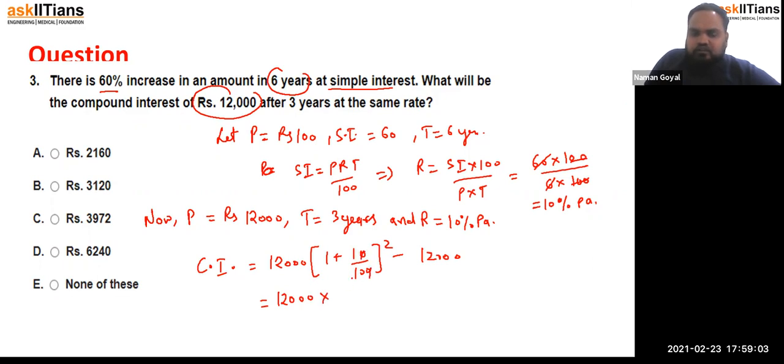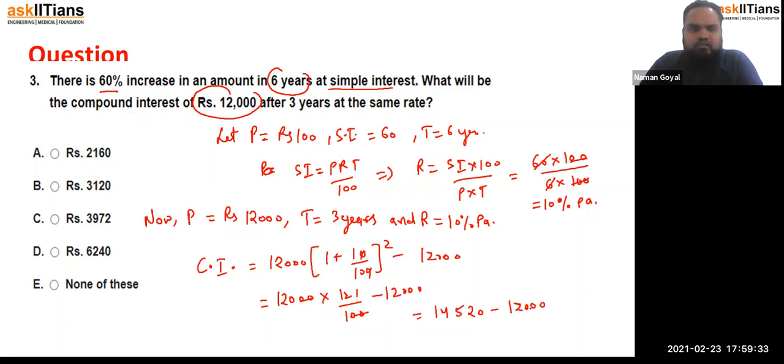Now it will cancel out each other, and it becomes 1 upon 100 minus 12,000, right? So the zeros will cancel out each other, and if you multiply 121 by 120, you will get 14520 minus 12000, right?